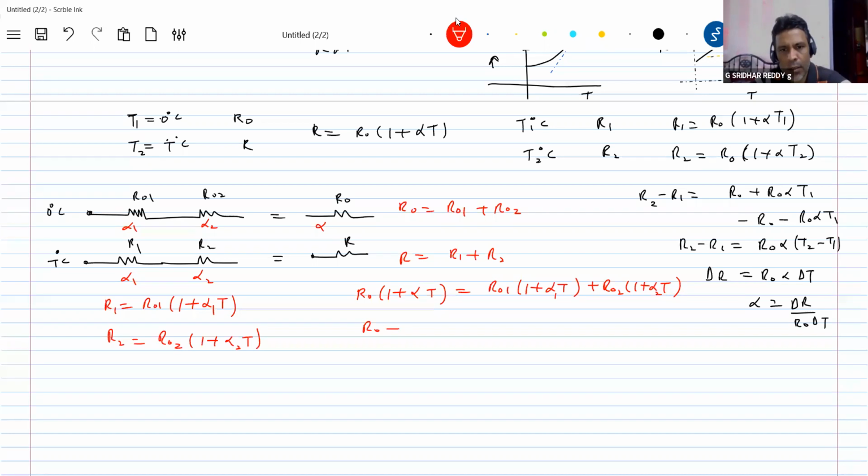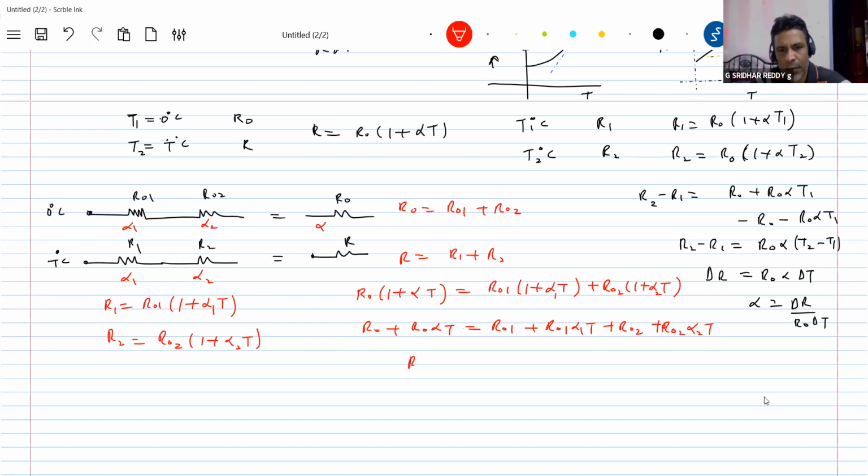So R0 plus R0 alpha T equals R01 plus R01 alpha 1 T plus R02 plus R02 alpha 2 T. Since R0 equals R01 plus R02, that cancels out.